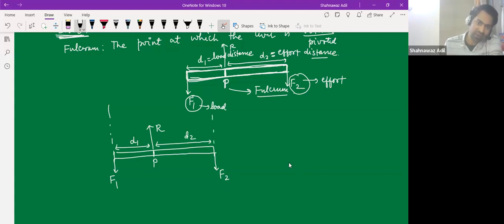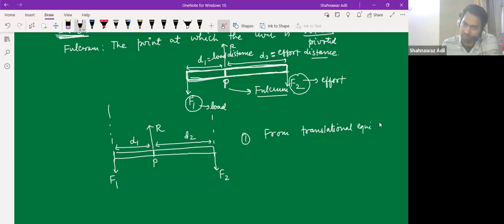Okay, so first we have to apply the translational equilibrium, right? From translational equilibrium, what would be the condition? Whatever is the upward force would be equal to the downward force.